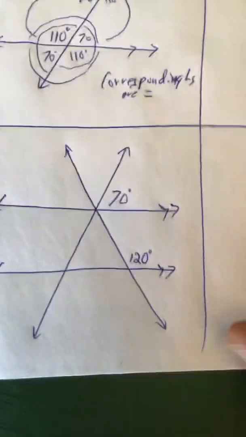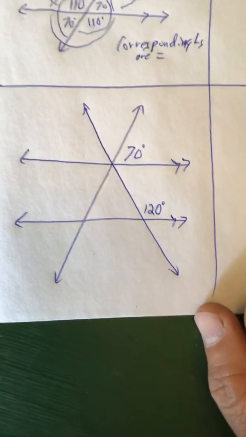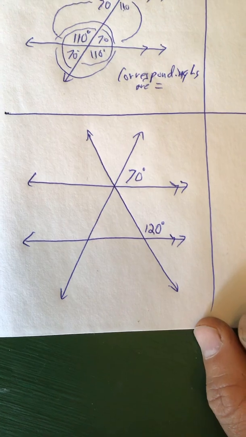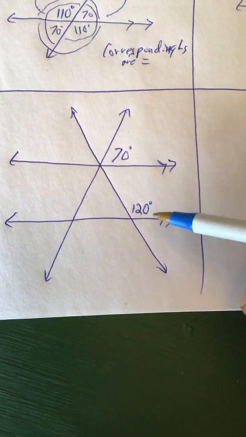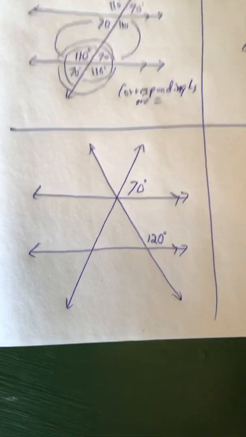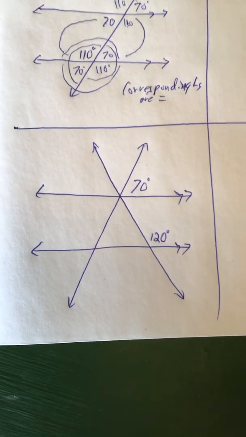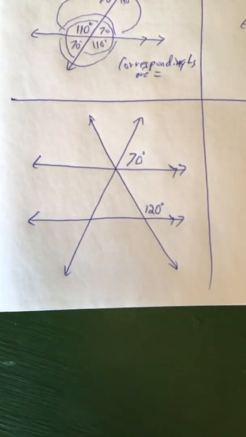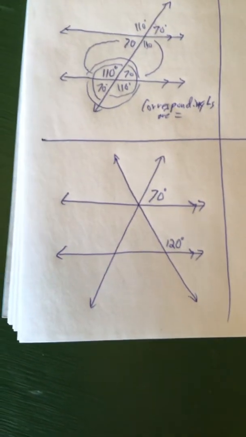Okay, so there's those. Once you try this one, here's an even tougher challenge. Given these two lines are parallel, and I have two transversals, find all your angles. If you want to watch me, go ahead, hit pause and do it. Or if you just want to watch it, I'm going to give you one more here.